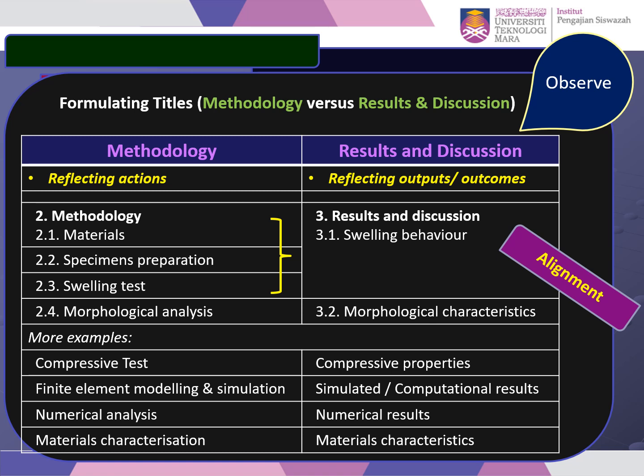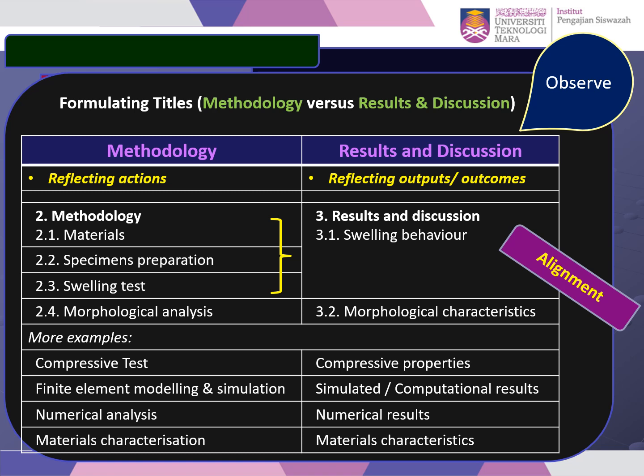morphological characteristics. Right? So then, okay, more examples if you want to select the title. If you use the compressive test in the methodology, then for the results and discussion you use compressive properties. For finite element modeling and simulation, you can put simulated or computational results.